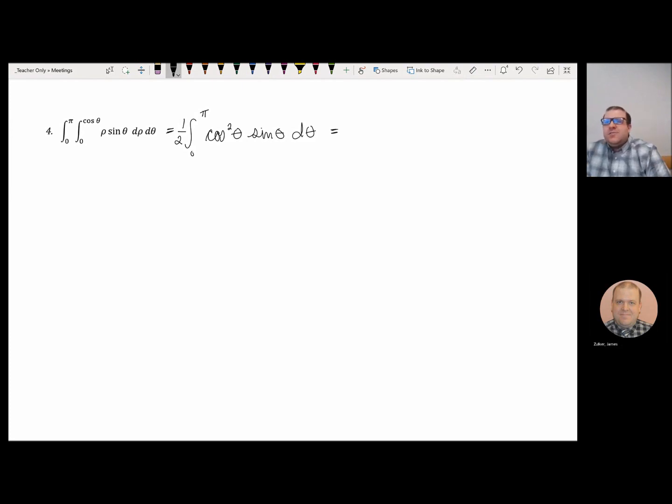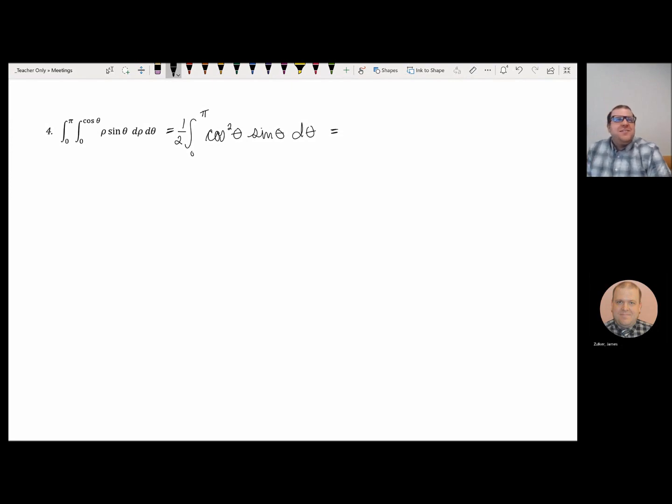How would you evaluate that integral? Cosine squared theta to 1 minus sine squared theta. Then you're gonna have sine minus sine cubed.